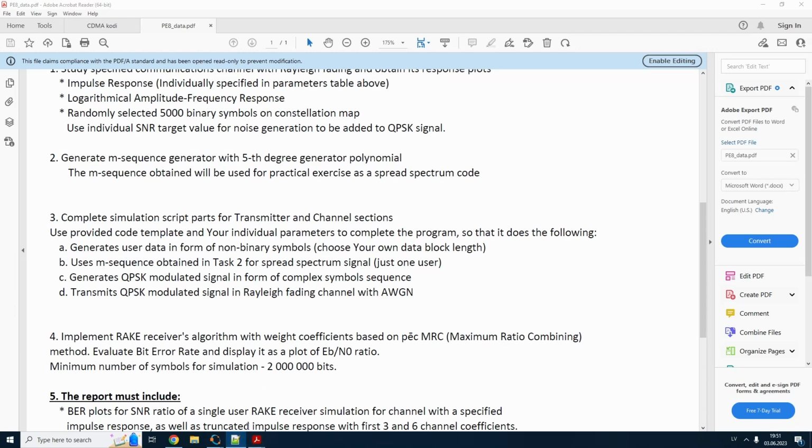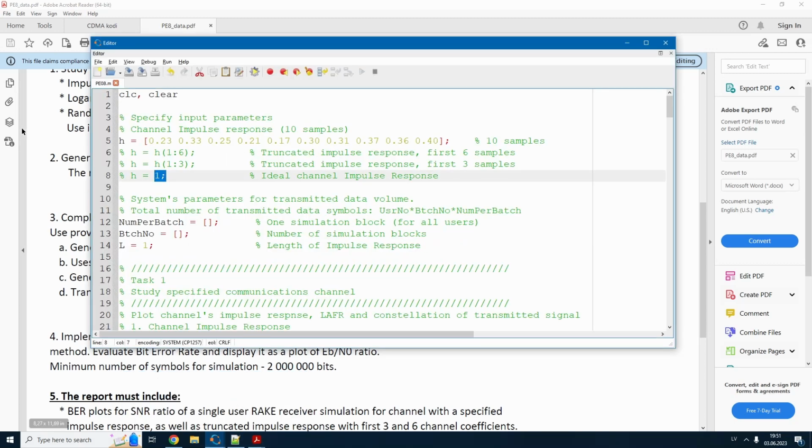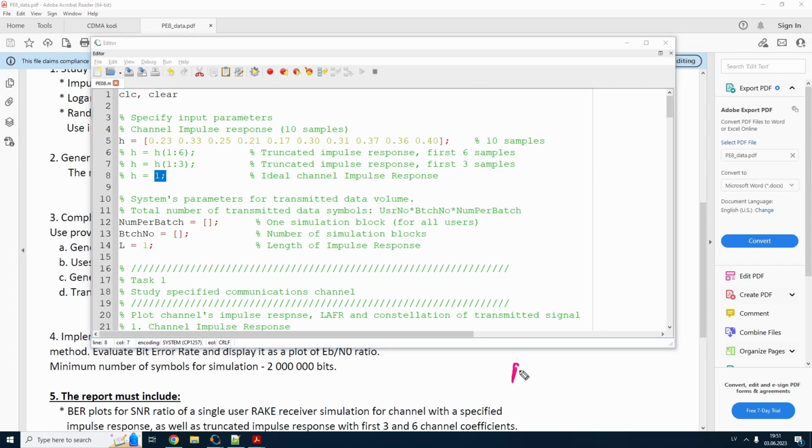For this reason, we have decided to split this large value of n, which would be 1 million, into two fractions. First is going to be a block, so we are going to simulate it by blocks. That will be n number of batches, each of a batch size. In this practical exercise, I try to show you the approach which we can use to generate any number of symbols.